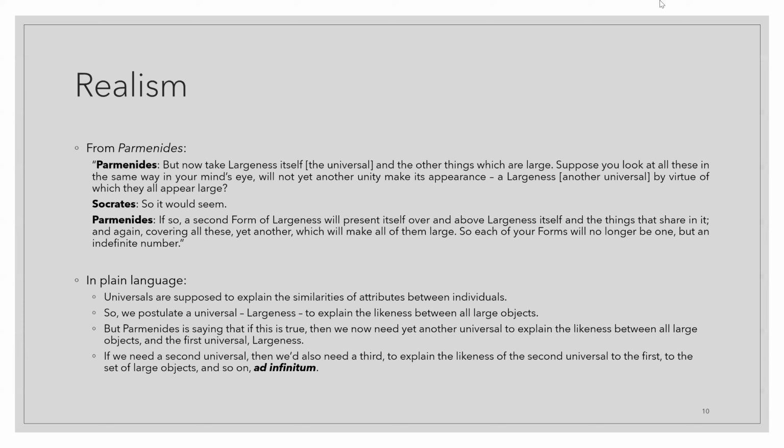And then you need another form to explain the agreement between that second form, the first one, and all the large objects, and so on ad infinitum. And that's an infinite regress.